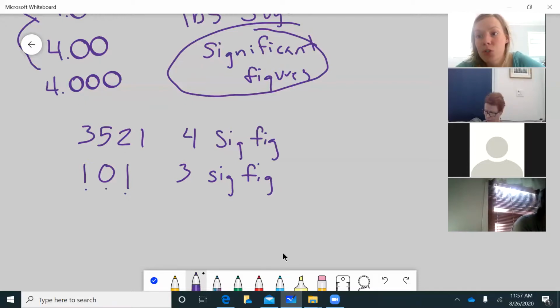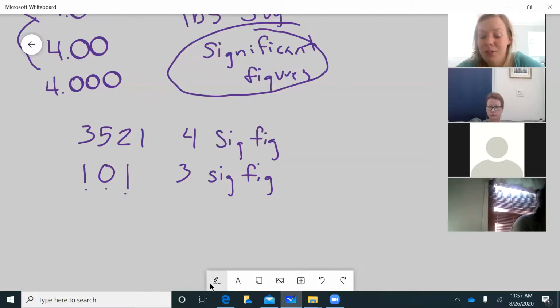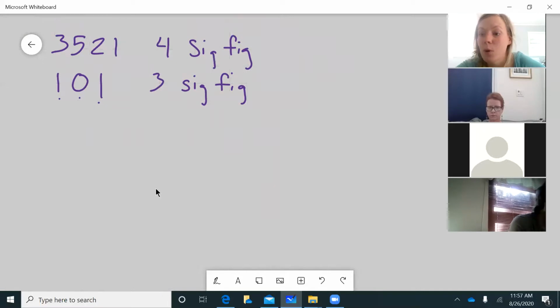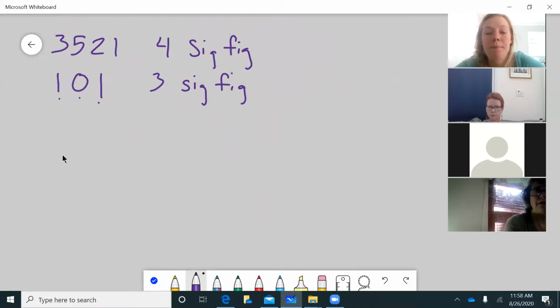Obviously, when we're measuring things in science, we want to have more significant figures, because more significant figures tells us that our number is more precise. Another rule, so I'm going to write a number, 35.00.